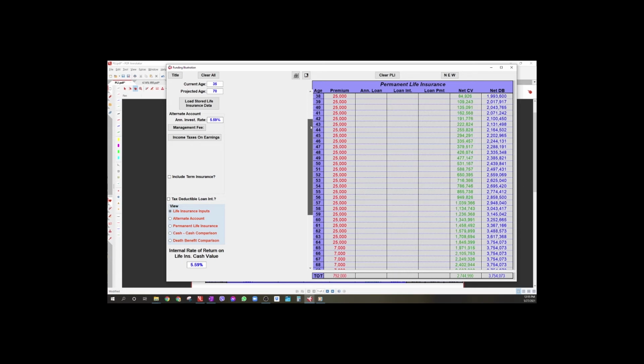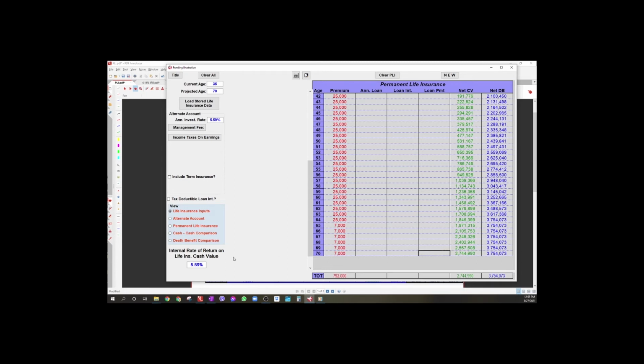So same funding of $25,000 for 30 years and then reduced to $7,000 at age 65 for the remaining 6 years. Same annual investment rate of 5.59%, and the goal would be the same cash value of $2.7 million.